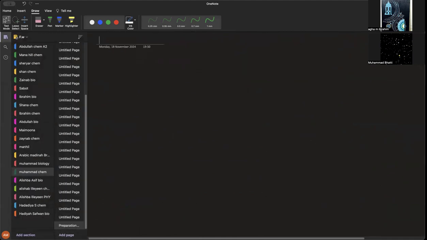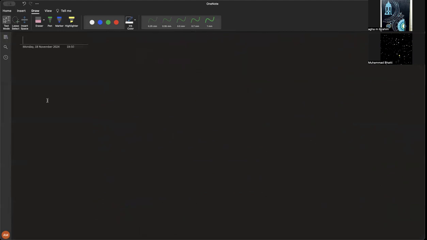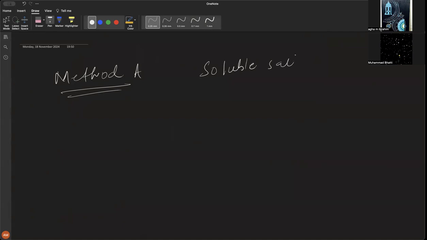Right. Few points that we would have to understand in method A. When we were talking about method A, method A was what? Method A was making soluble salts, but with insoluble reactant, right?